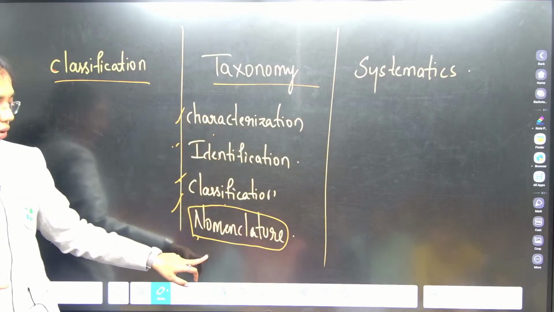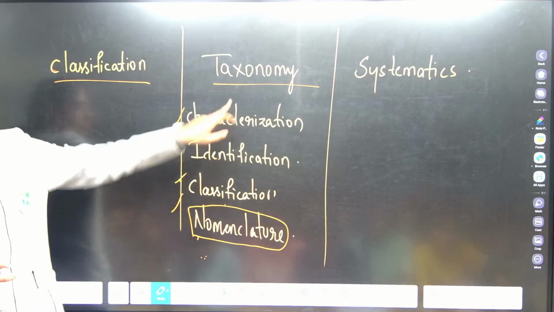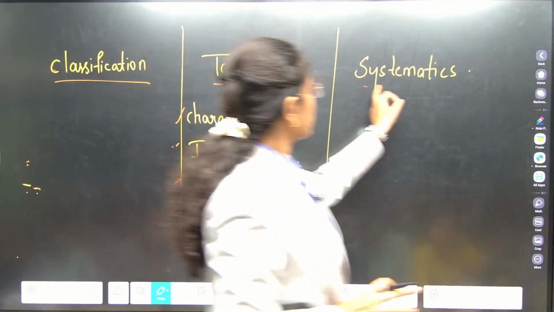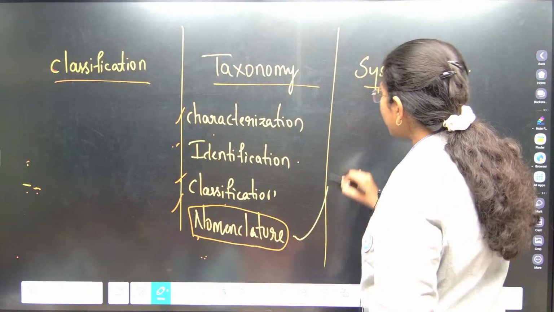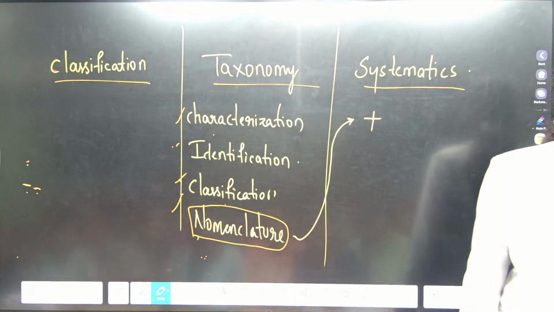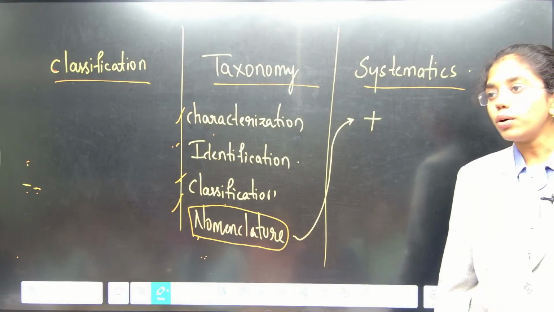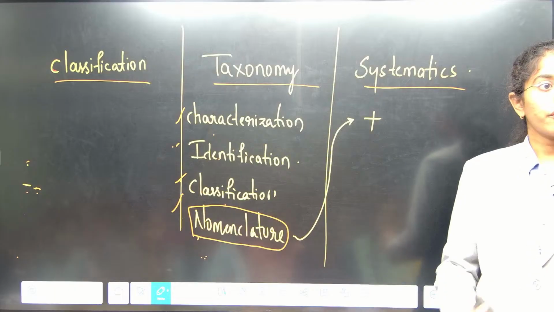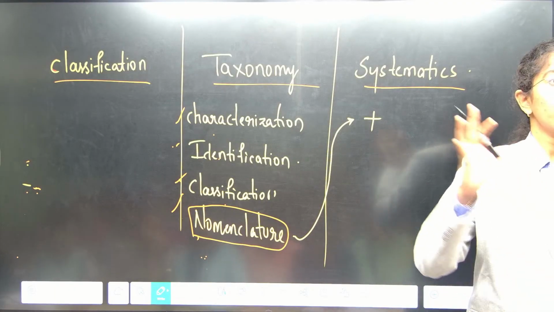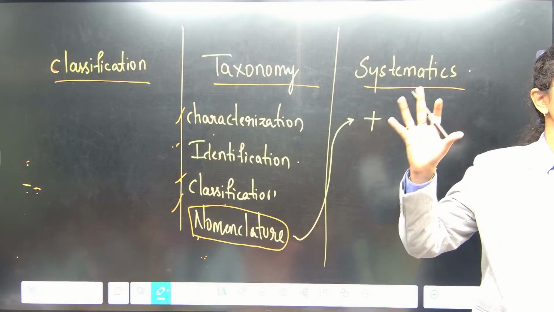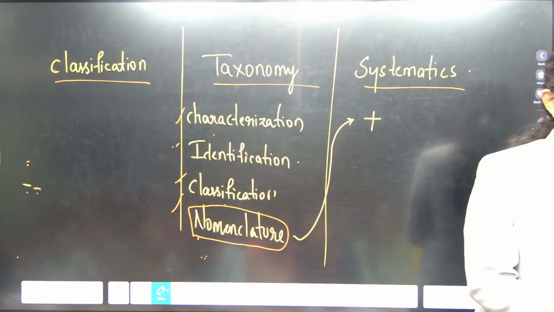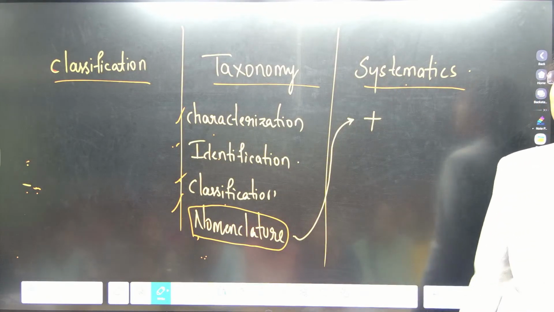This set of steps comes under what? Taxonomy. In simple terms, I will tell you what systematics is. Along with these procedures, if you are also including the evolutionary relationships or phylogenetic relationships to group the organism into a category, then you will call it systematics.